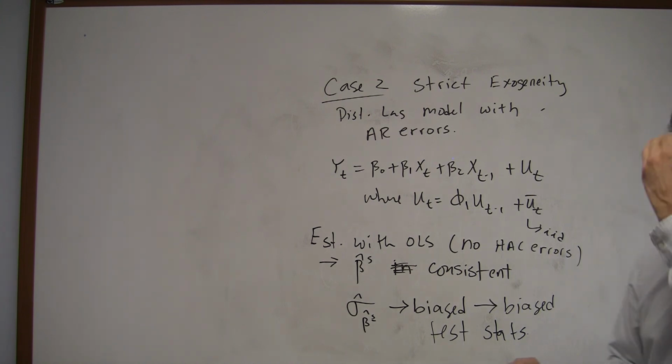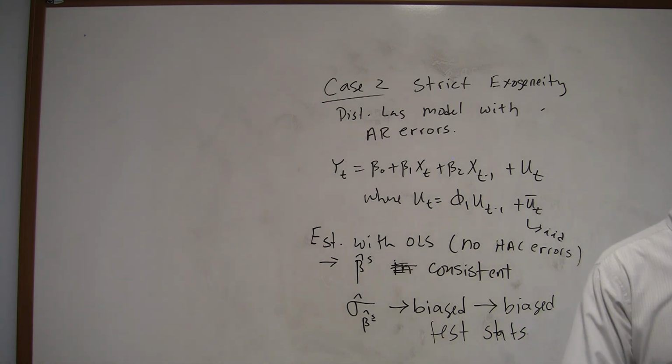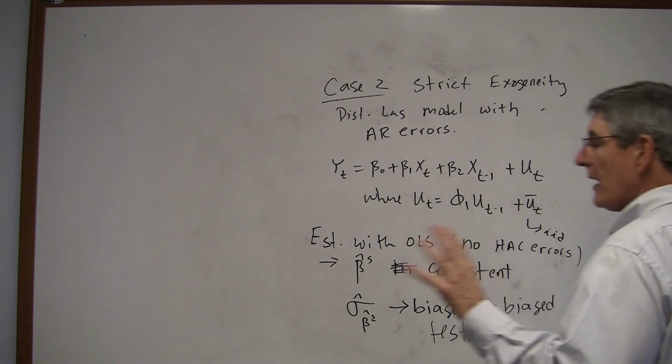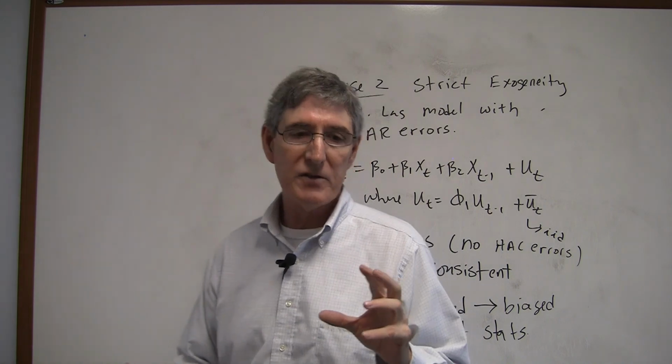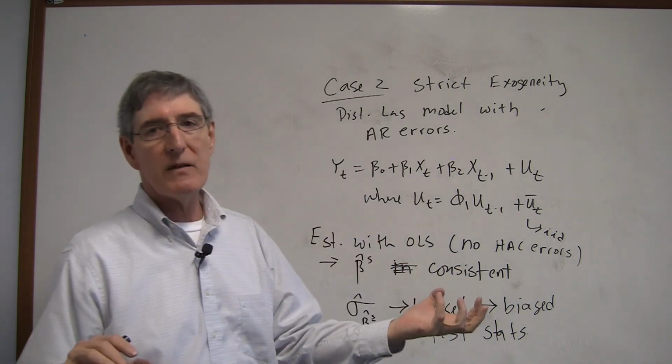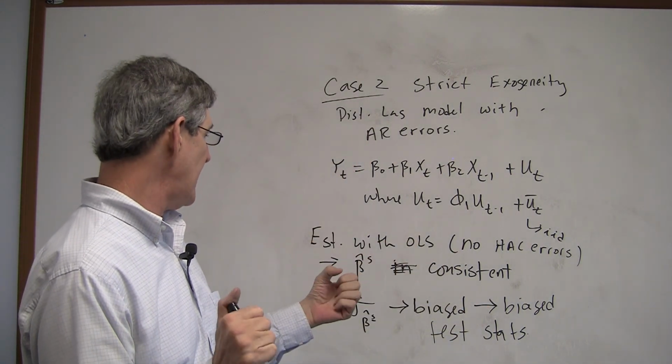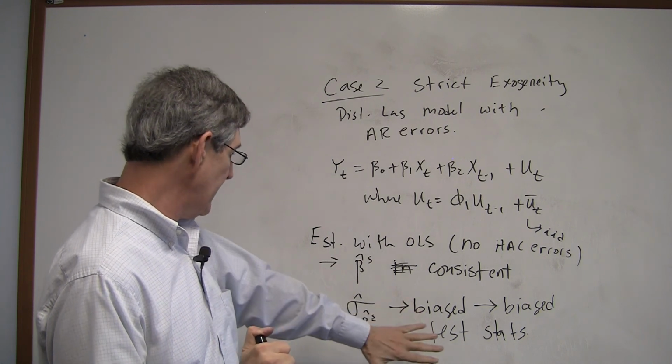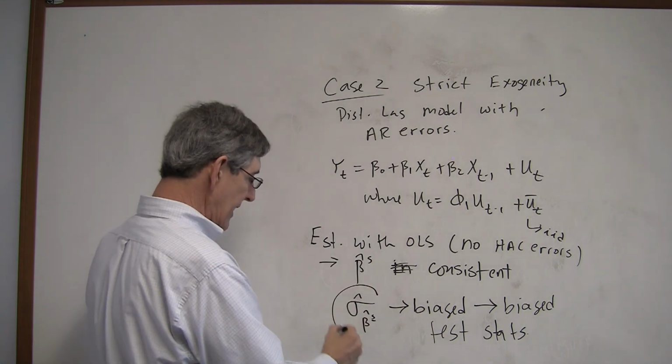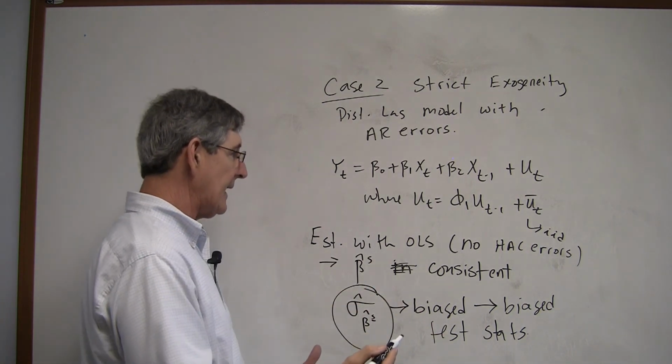So with ordinary exogeneity, our only choice is to estimate with OLS and then use HAC errors in order to get rid of the bias in the standard error. So that's one way to take care of it.